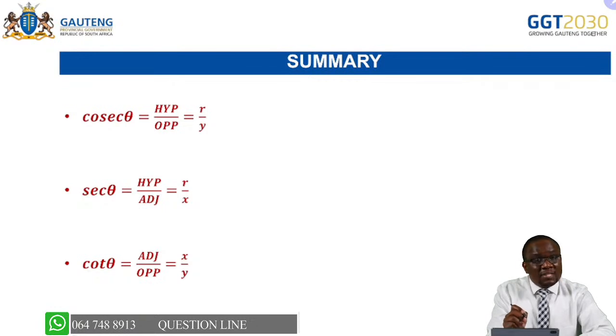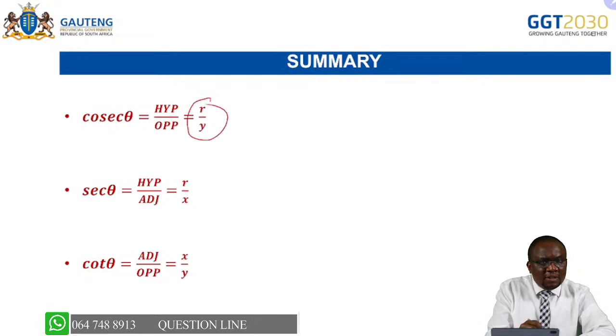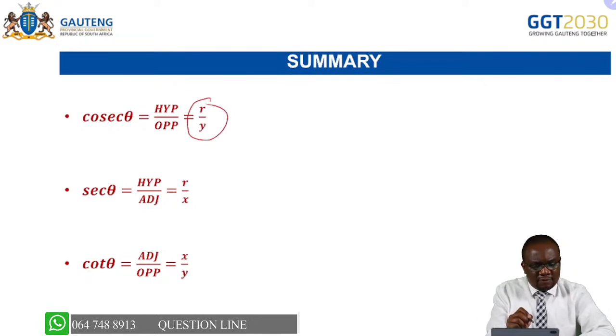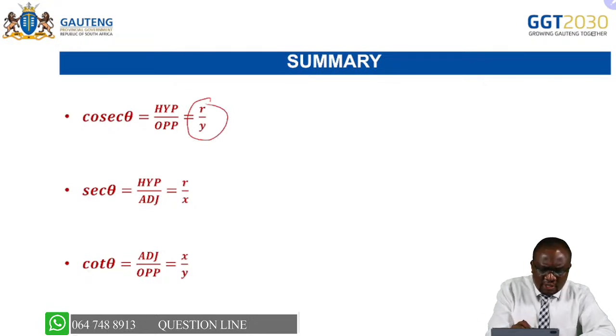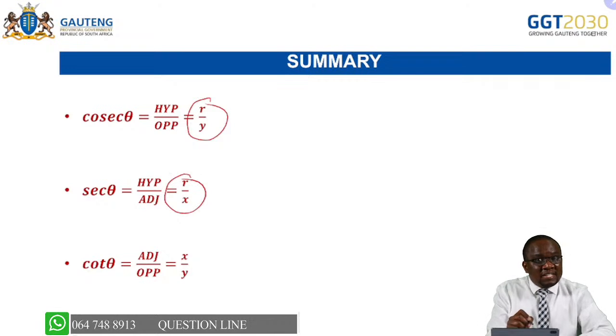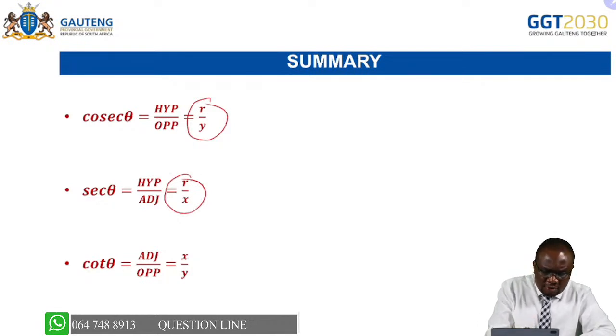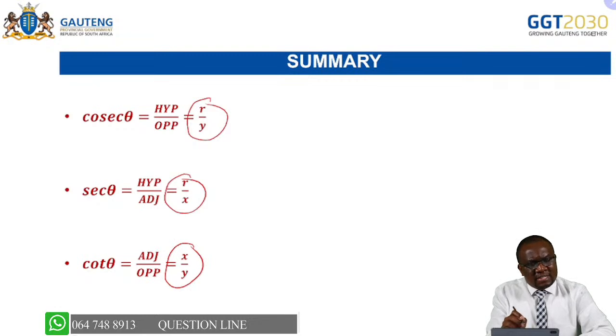Cosec, the reciprocal of sine theta, is r over y, hypotenuse side over opposite side. Sec theta, the reciprocal of cos theta, is hypotenuse side over adjacent side, r over x. Please remember that. Cot theta, the reciprocal of tan theta, is x over y, adjacent side over opposite side.